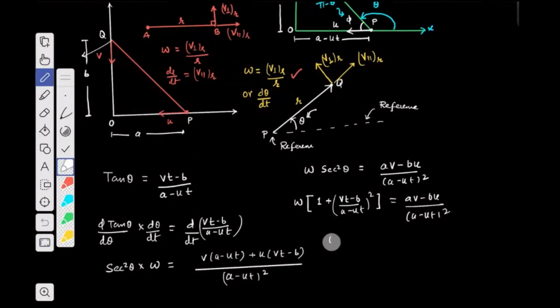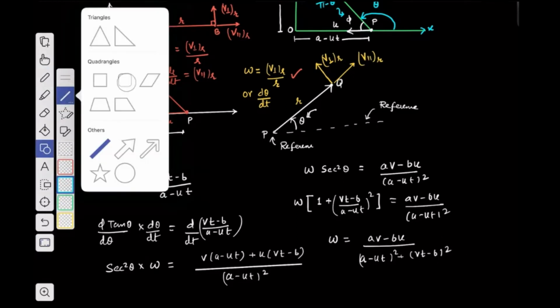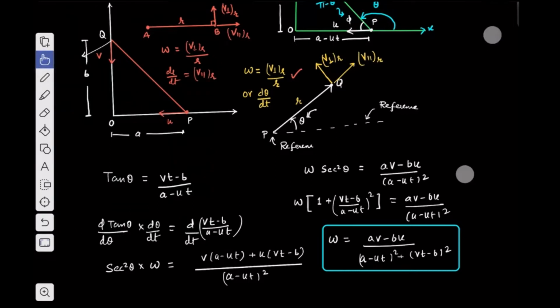So simplifying it, omega will come out to be (AV minus BU) by [(A minus Ut) square plus (Vt minus B) square]. So something different here we had than the regular way. That's why I gave you this question. All of you understood or not? Any doubt here?